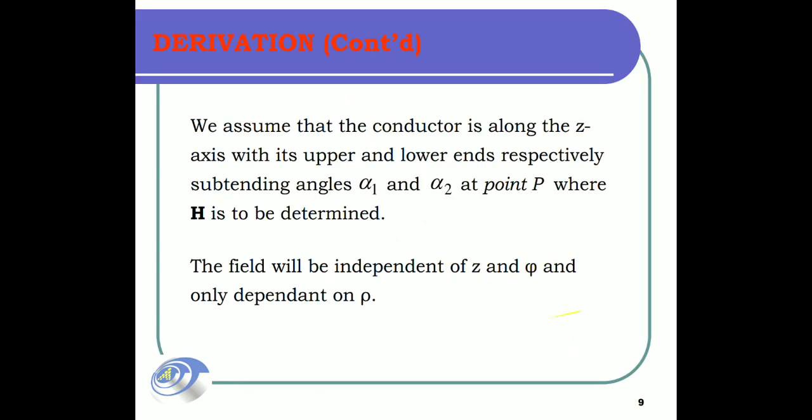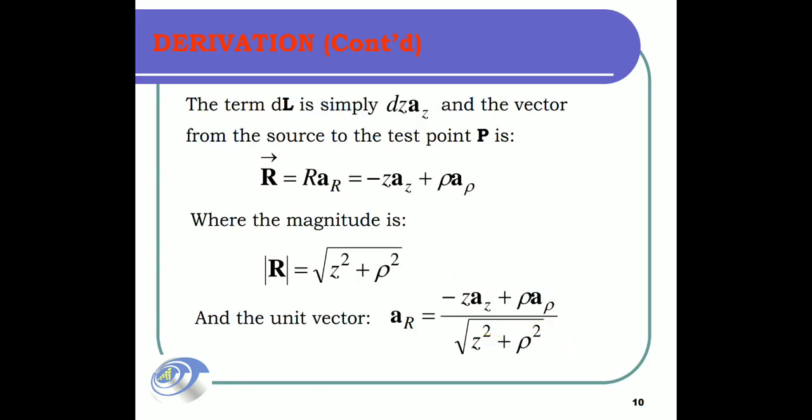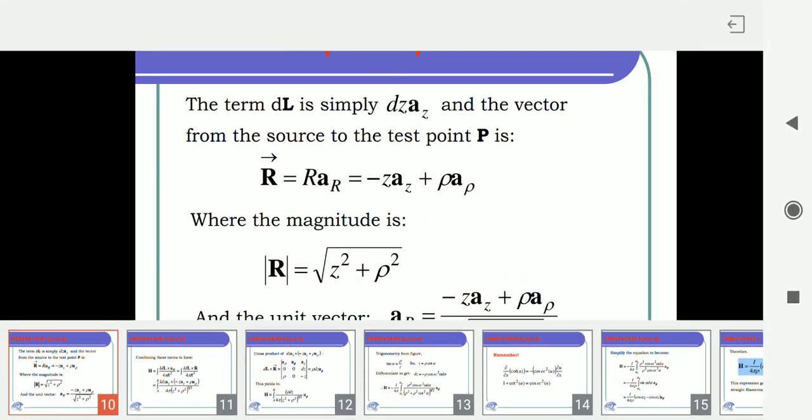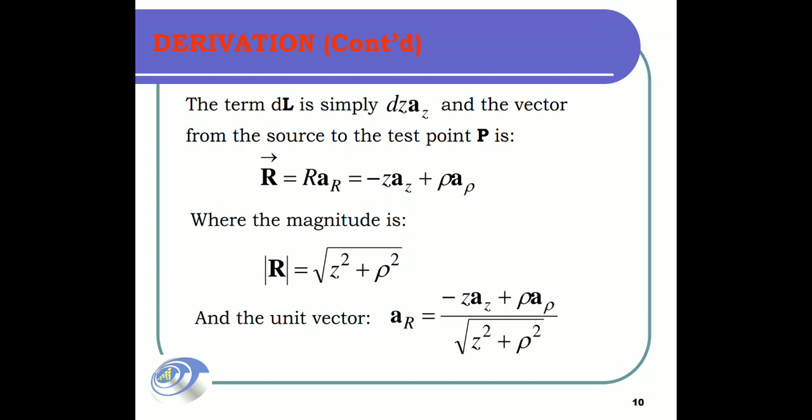With that consideration, the r vector is minus z az plus rho a rho. The magnitude of this I get as root of z squared plus rho squared. Again my unit vector is r divided by its magnitude, so I have minus z az plus rho a rho divided by root of z squared plus rho squared.